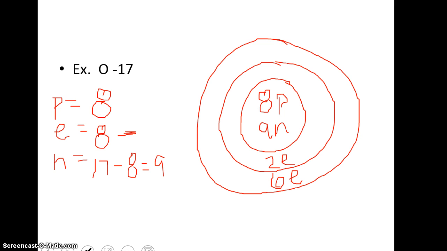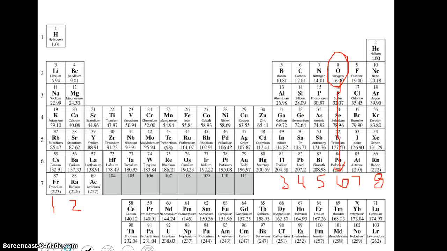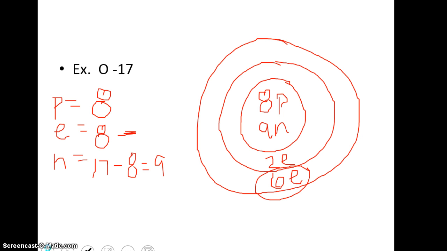If you look at the diagram we made, it has 6 outer shell electrons. If you want to know how many energy levels it has, you go to the period number, and that's 2. And it has 1, 2 energy levels. So it does show you how the diagram should look.